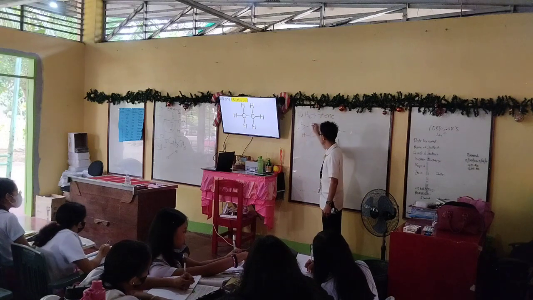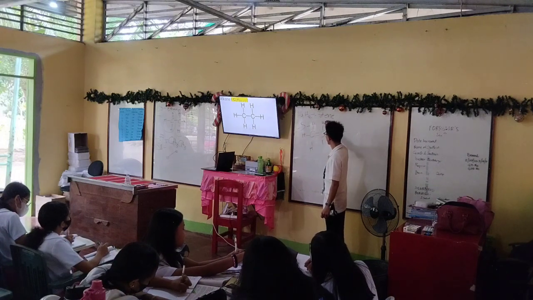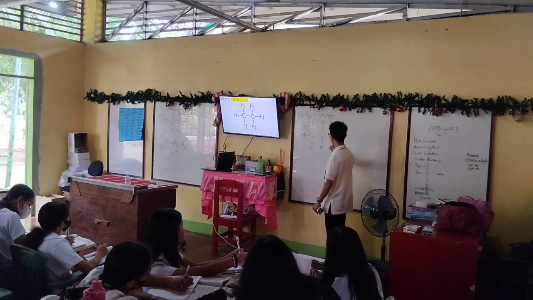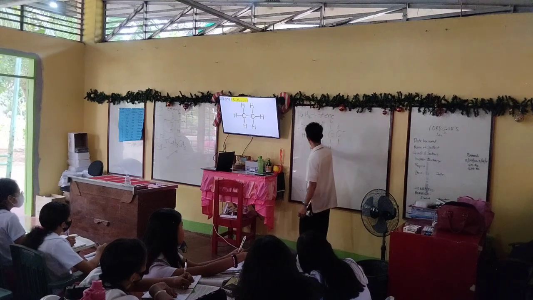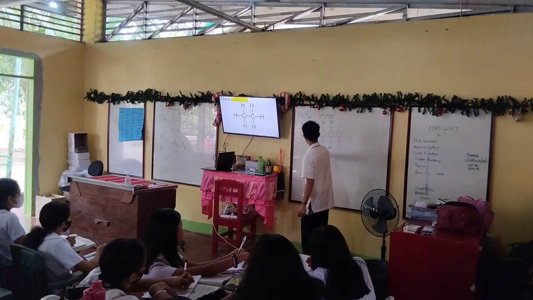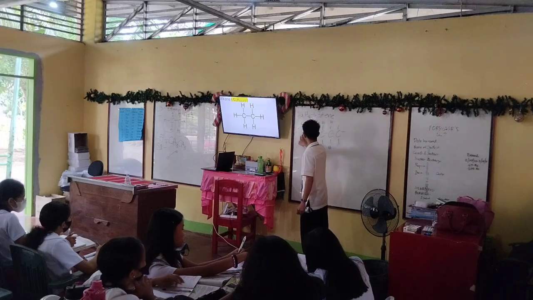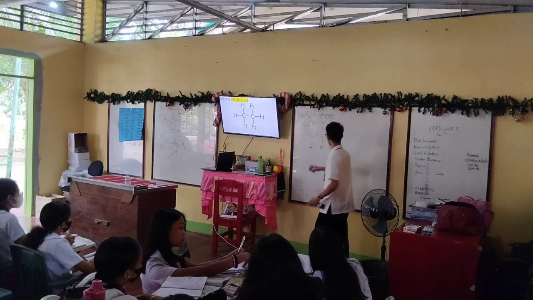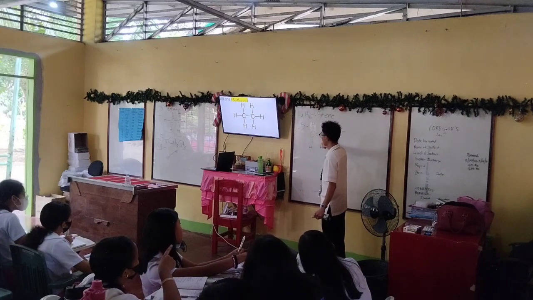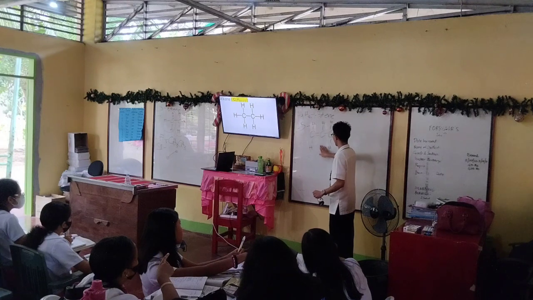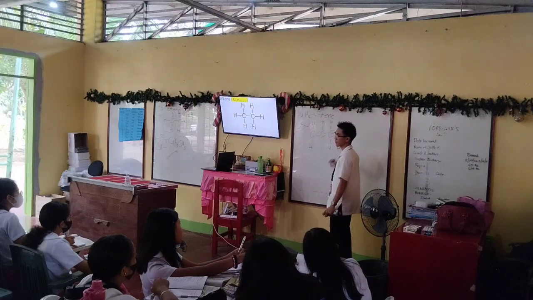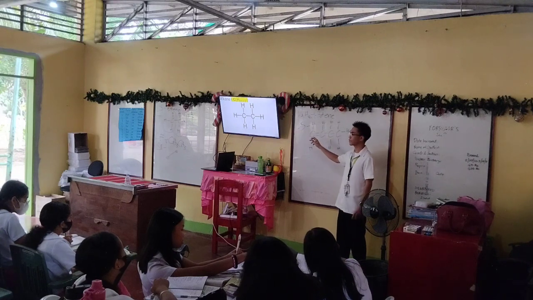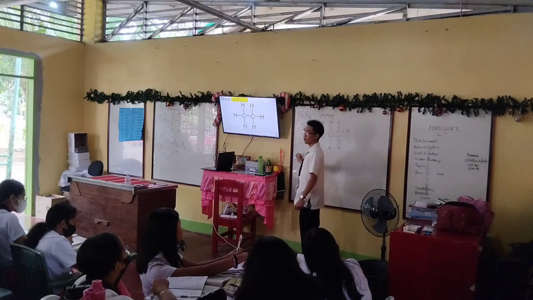So we have 1, 2, 3, 4, 5, 6, 7, 8. So muna ito ang Lewis structure for butene.